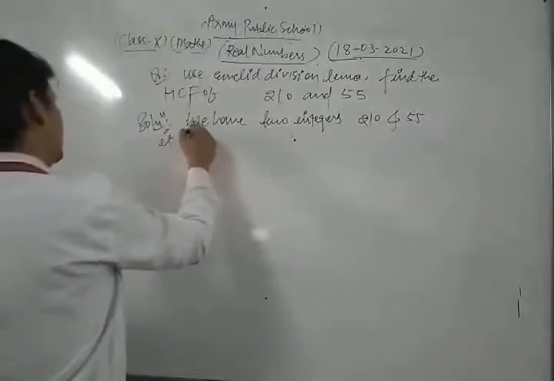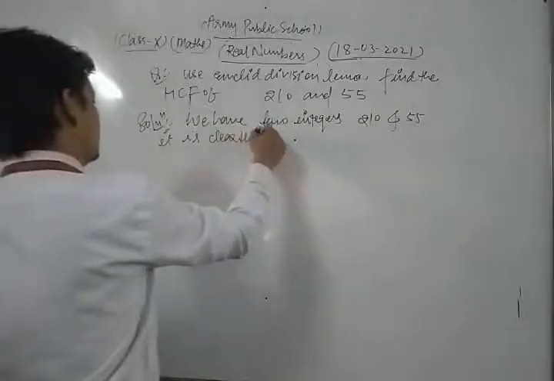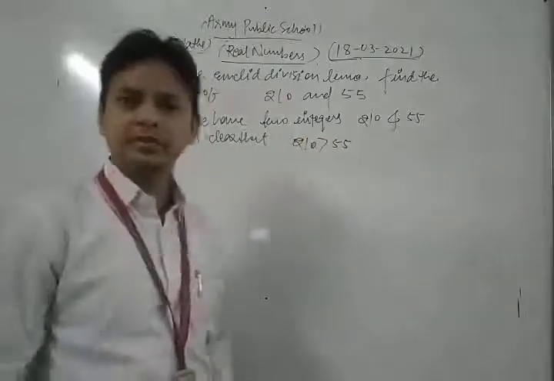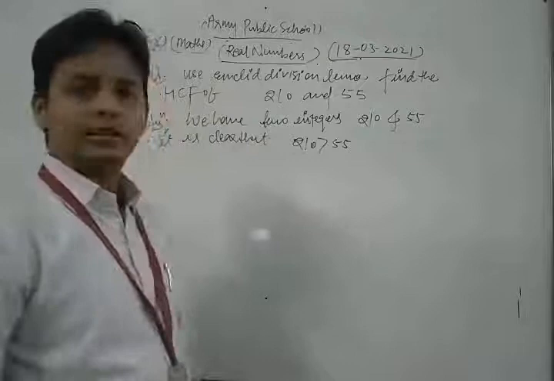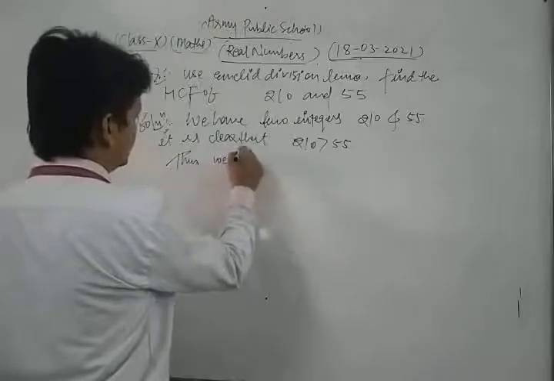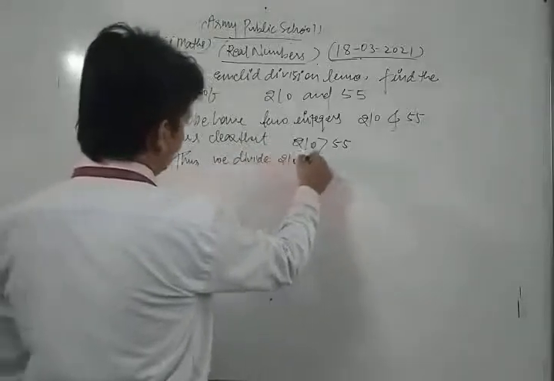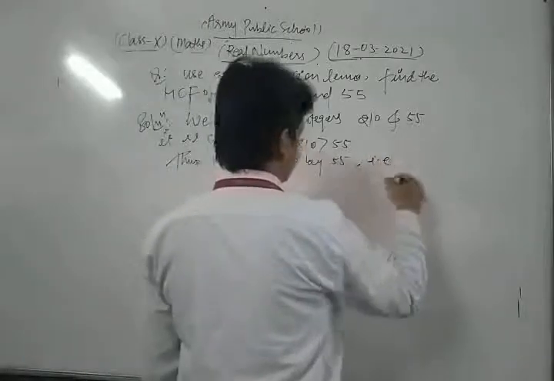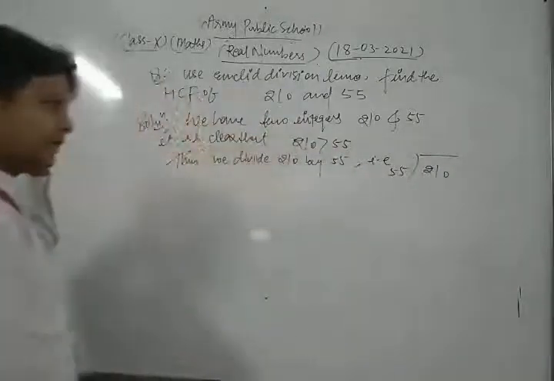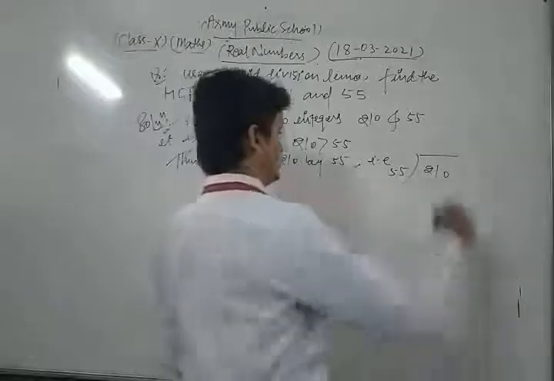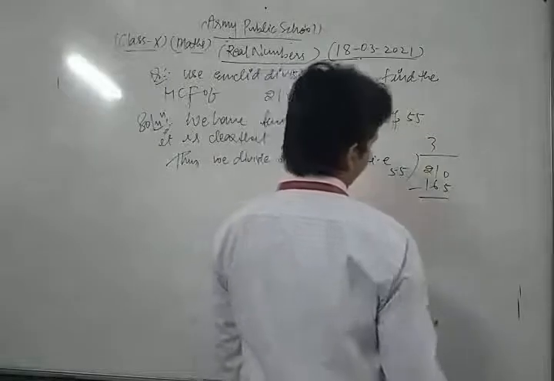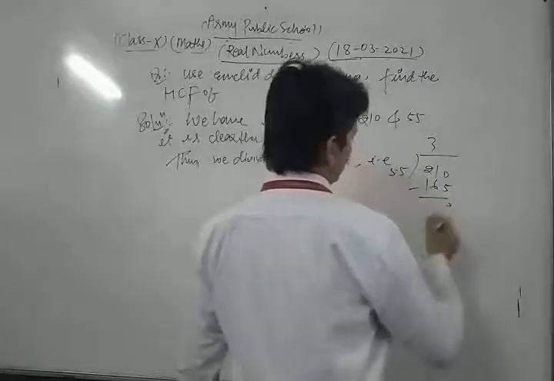It is clear that 210 is greater than 55, so we must divide 210 by 55. How many times can we take 55? 3 times. Now 210 minus 165 is 45, so the remainder is 45 and the quotient is 3.